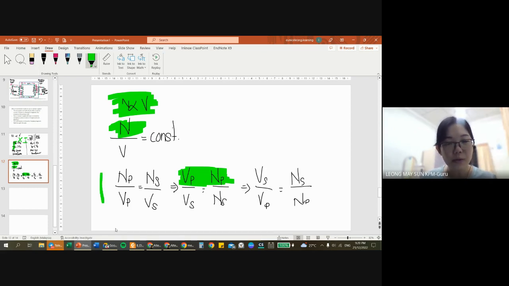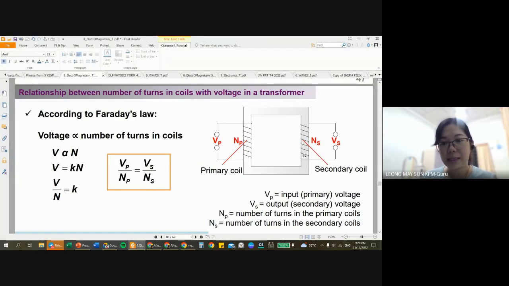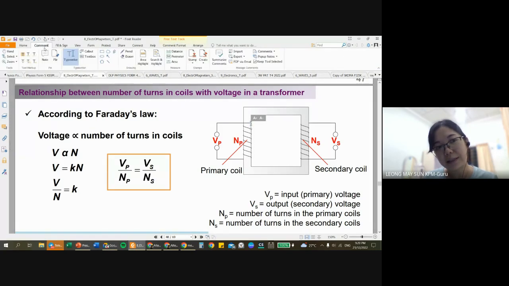But if you want to know whether it is step up or step down, do not go and count all these lines. All right, don't go and count how many lines the number of turns is being turned, because I did that last time. Okay, it doesn't work that way. You have to look at the question, whether the question states the number of turns or not. All right, that is the accurate one, or else diagram is not drawn to scale.